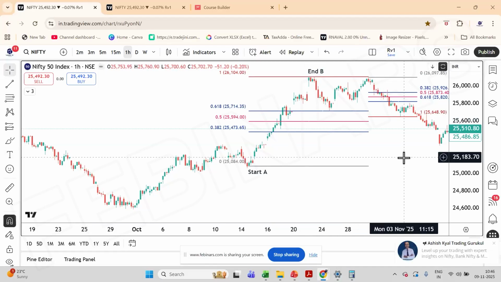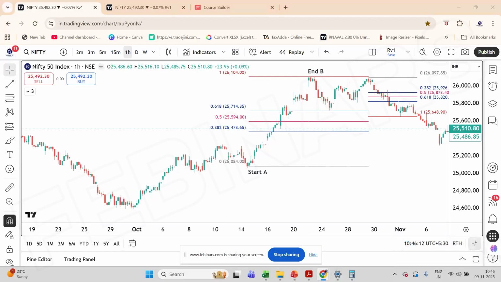Hope you have seen how we have drawn it from start to end. This is a 1 hour chart. What I'm sharing is a 1 hour chart where we are drawing it.